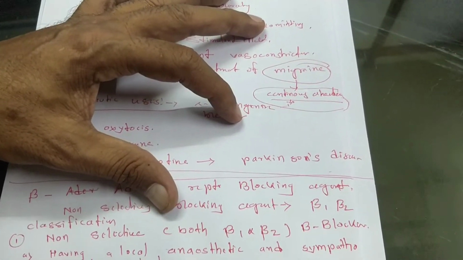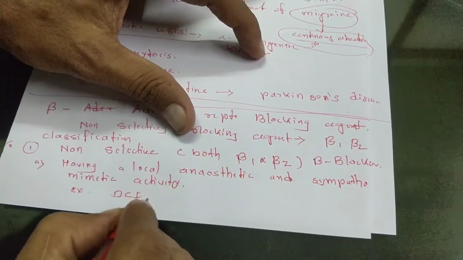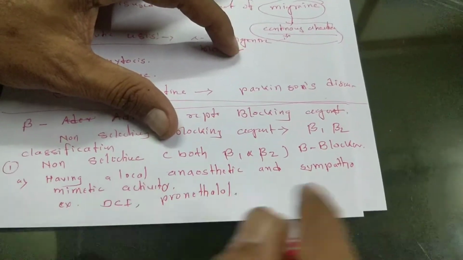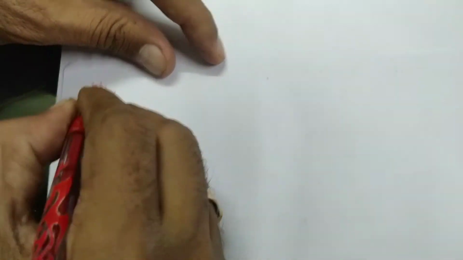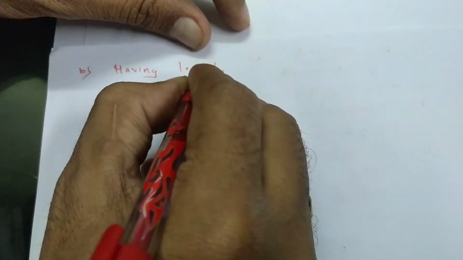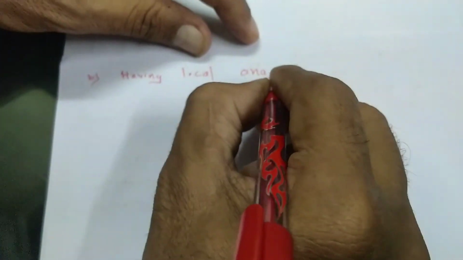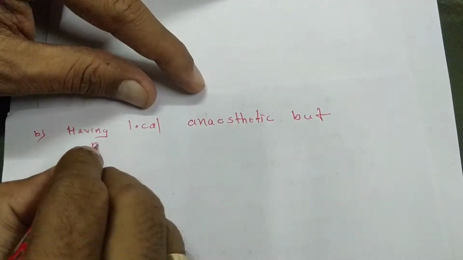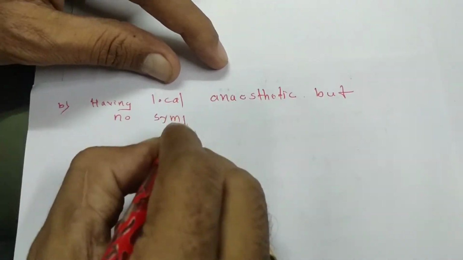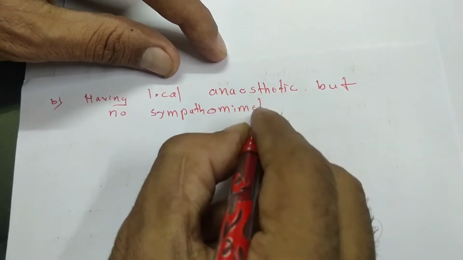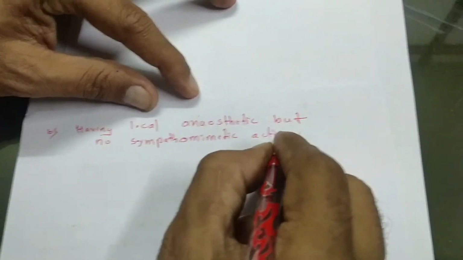Example, DCI, promethyl. B, having local anesthetic but no sympathomimetic activity.